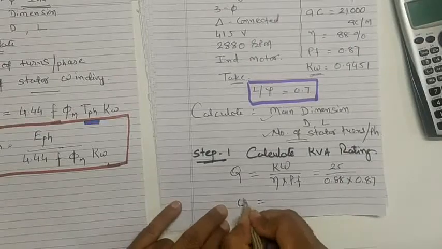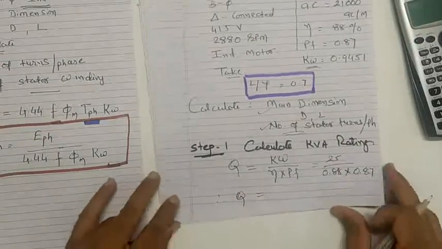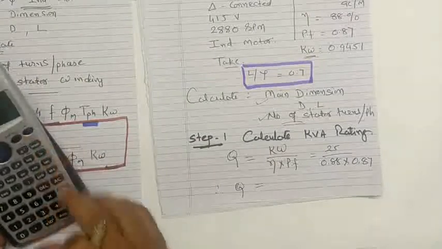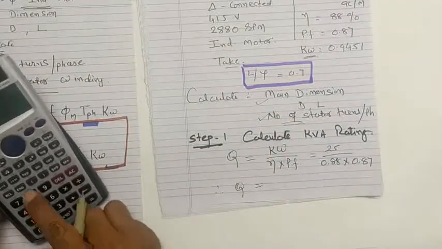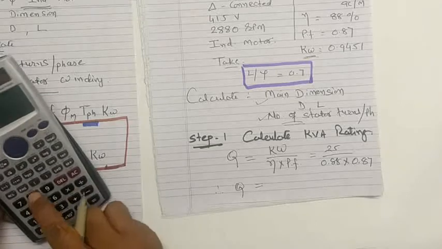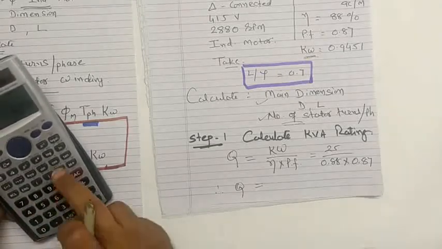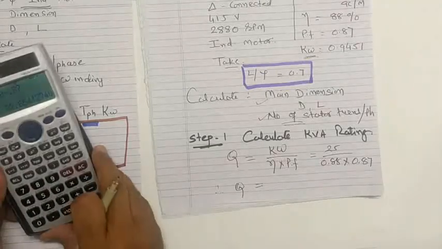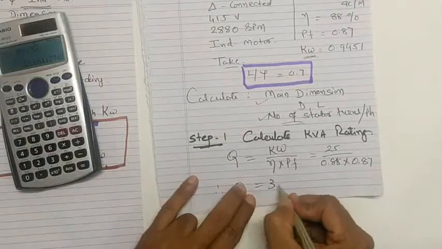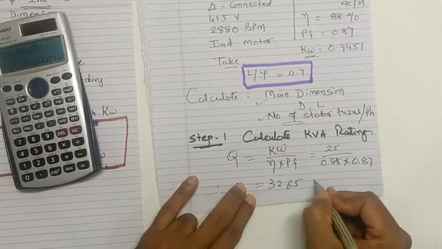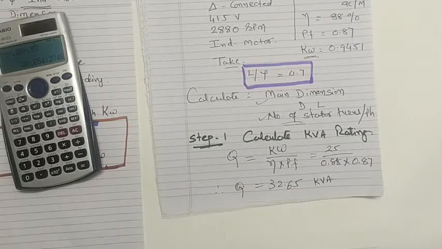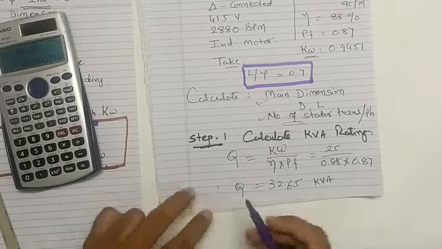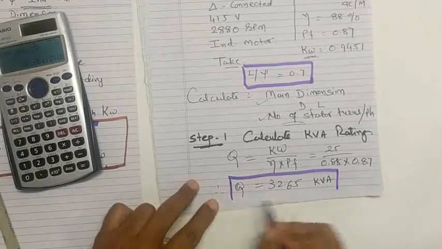So Q is 25 divided by 0.88 divided by 0.87, then it comes to 32.65 kVA. So first step we have calculated.